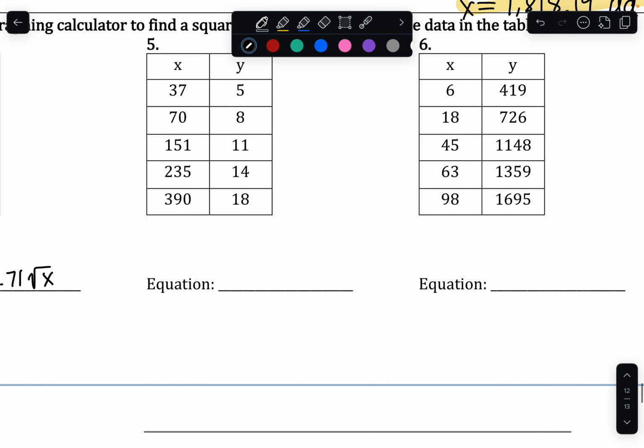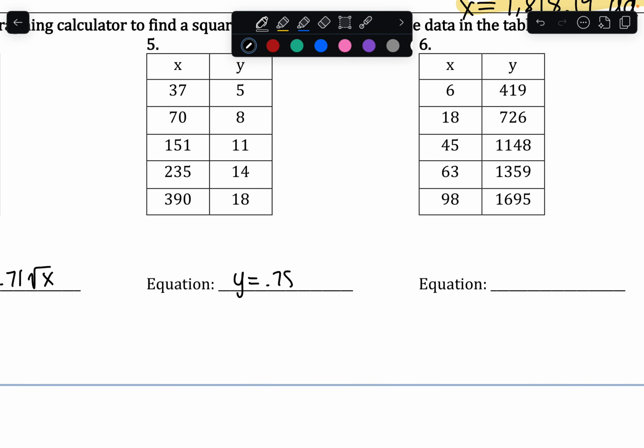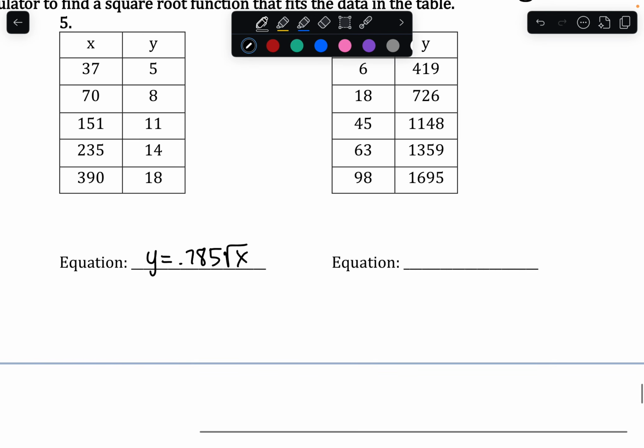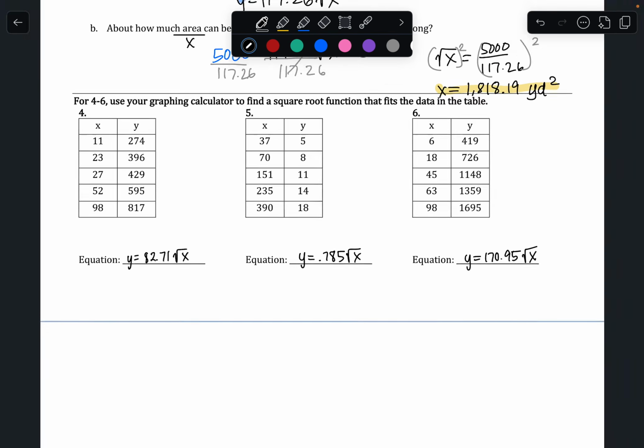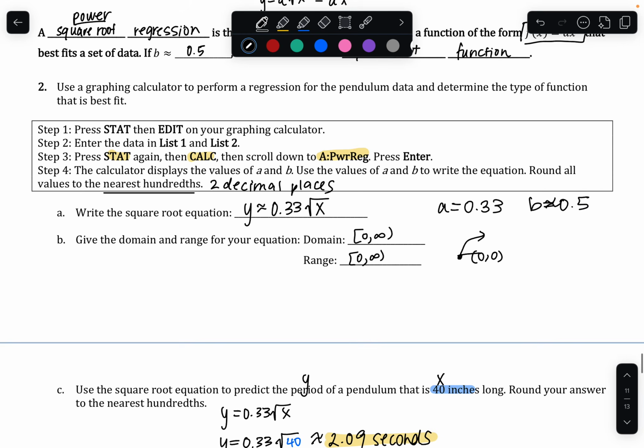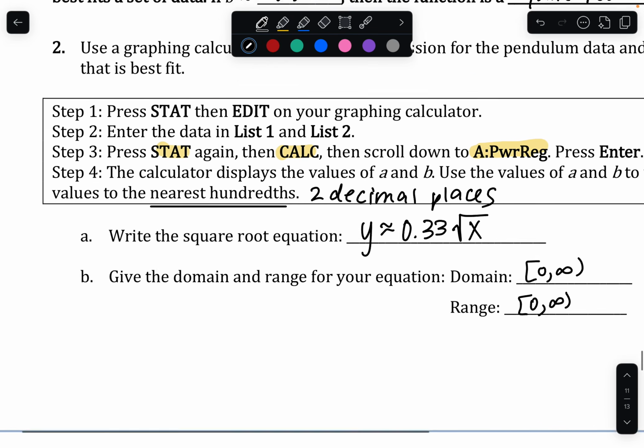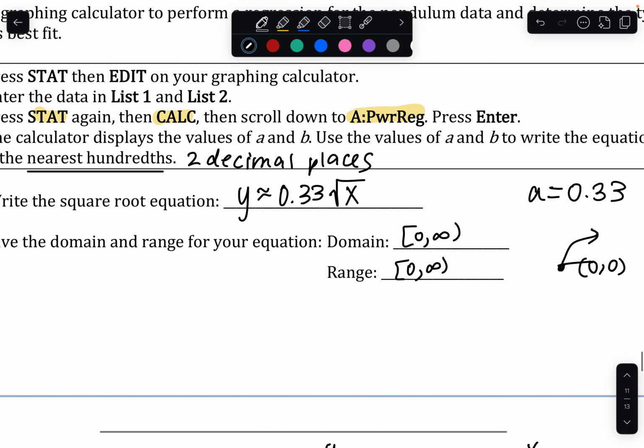If you do the second one correctly, you should get 0.785 square root of x. And if you do the third one correctly, you should get 170.95 square root of x. So again, you just follow these instructions: stat edit, enter your data, and then stat calc, scroll up to get to power regression.